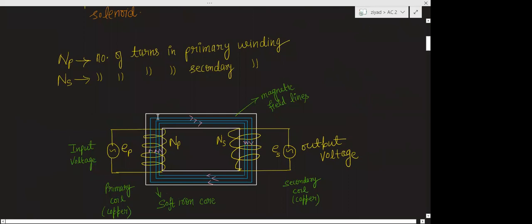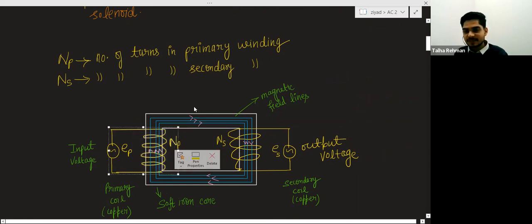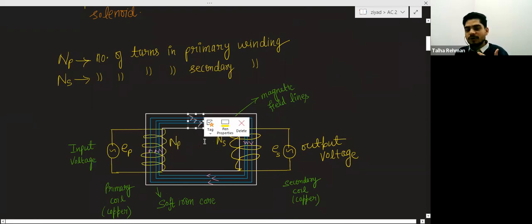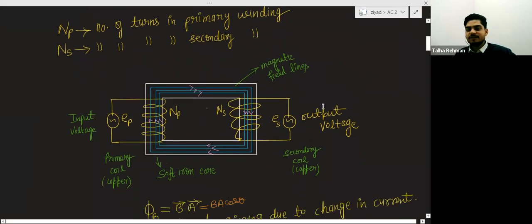Apart from this winding, the flux is linked with the core also. So when there is a change in the magnetic flux linked with the core, then there will be induced EMF in the core, in the bulk of the core, and due to that induced EMF, the current will be induced in the bulk, and that induced current is known as the eddy current.